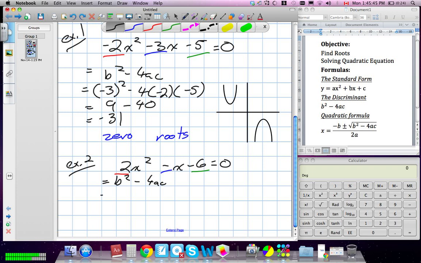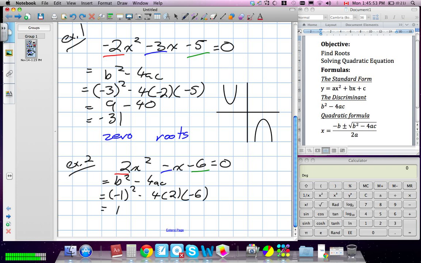Negative 1 squared is 1. Negative 4 times 2 is negative 8. Times negative 6 is positive 48, which gives us positive 49. As long as it's above 0, it's a positive number, that's what we're looking for. So because it's above 0, we're going to have 2 roots.